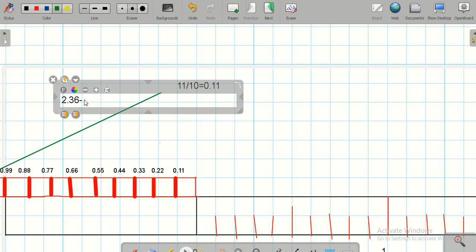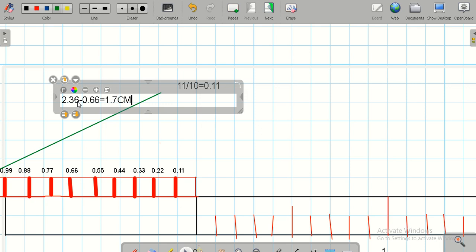So what do you have to subtract? See the last digit. This is the 6. So you have to subtract 0.66. Have a calculator with you. Just subtract 2.36 minus 0.66. It's 1.7 centimeter.